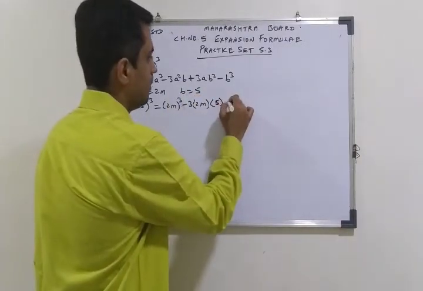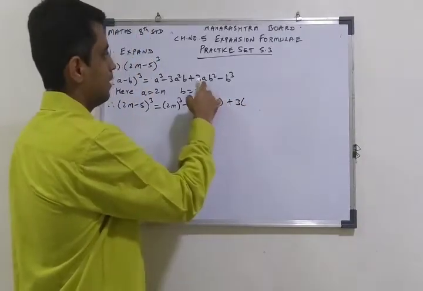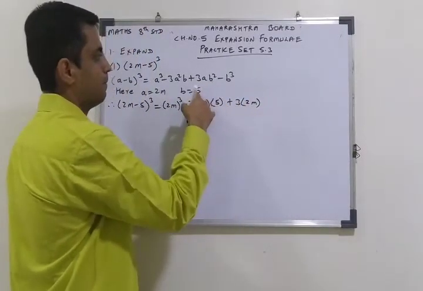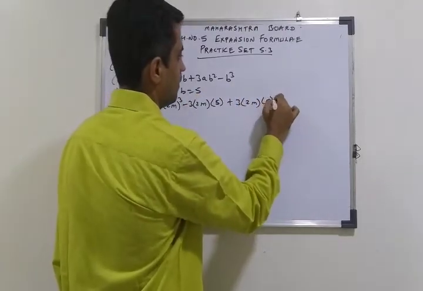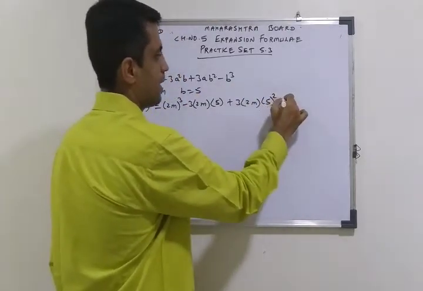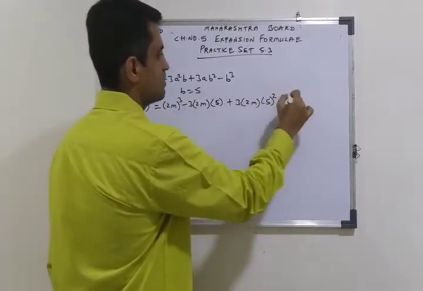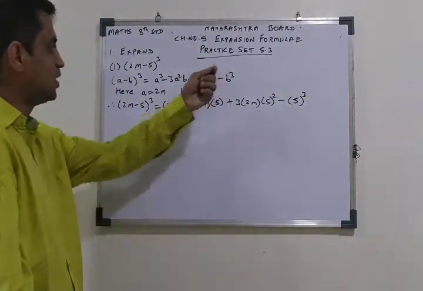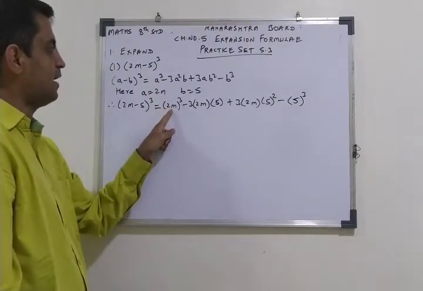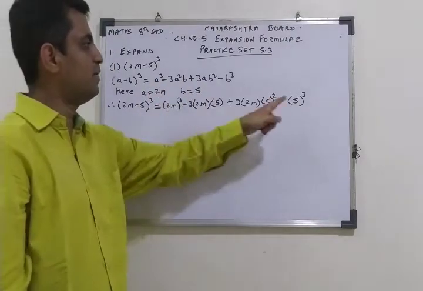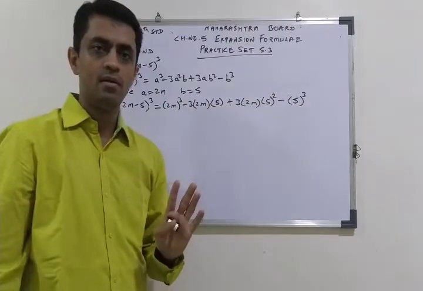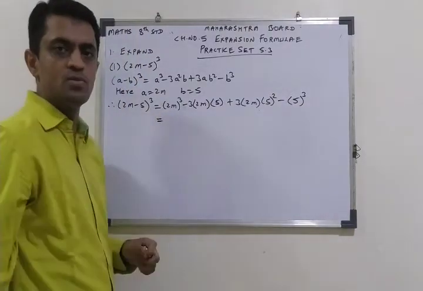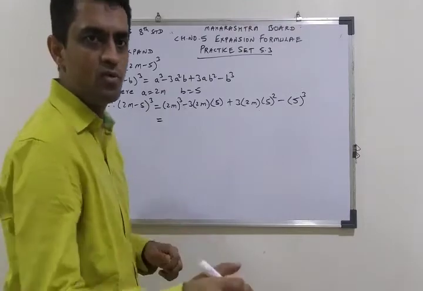Plus 3, a is 2m, b is 5 square, minus b cube. B cube means 5 cube. So instead of a we are writing 2m and instead of b we are writing 5 everywhere. Now let us solve this. 2 cube is what? 2 2s are 4, 4 2s are 8.